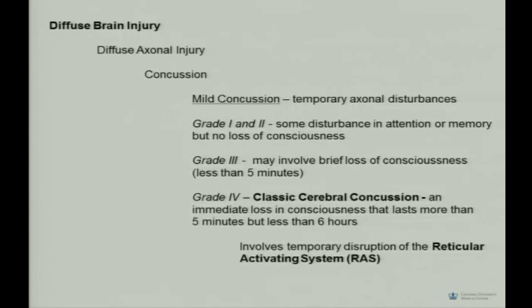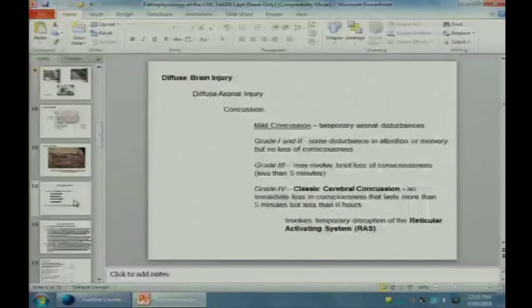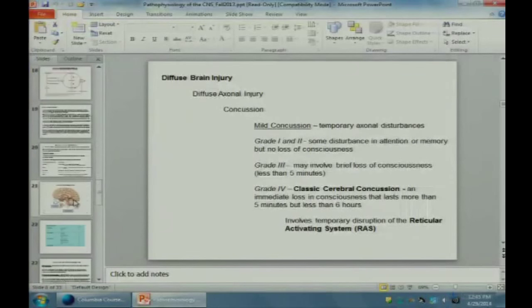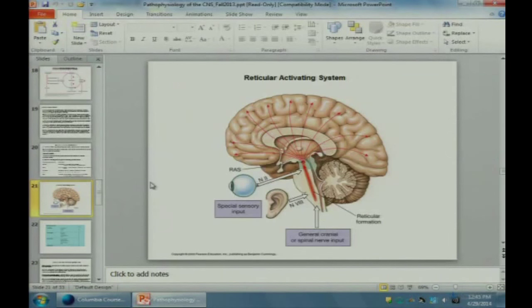And the axonal injury is affecting a particular part of the brain in this kind of concussion. It's a part of the brain referred to as the reticular activating system. So if I just, for a moment, move forward to show you a picture of this reticular activating system.